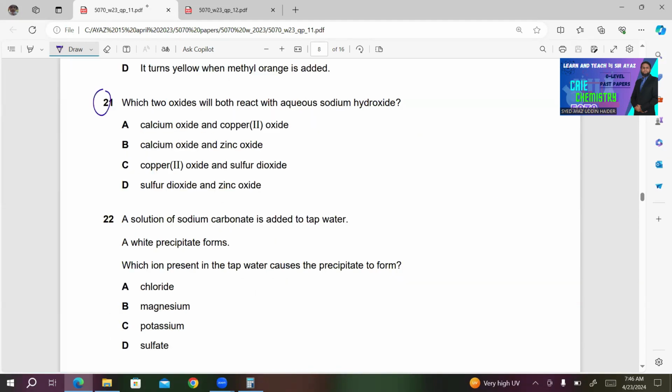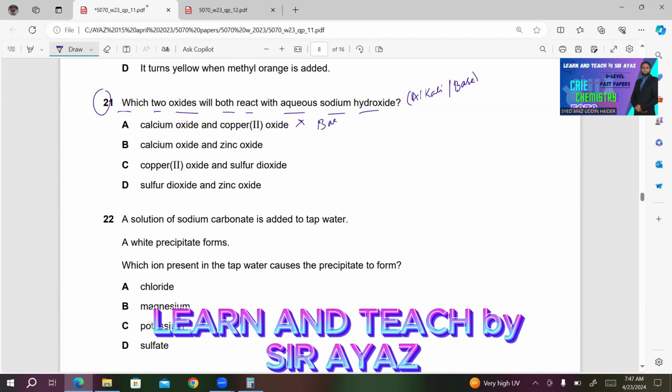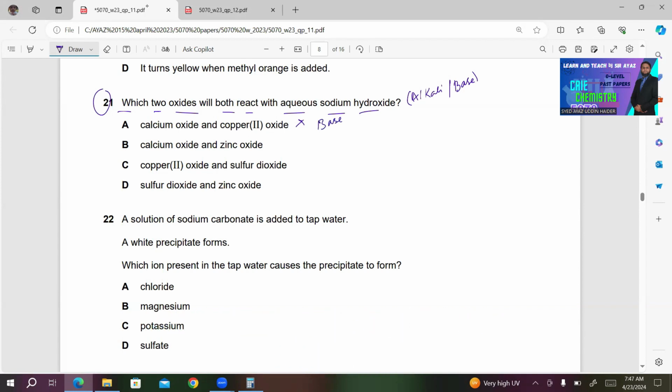Question number 21. Which two oxides will both react with aqueous sodium hydroxide? Sodium hydroxide is alkali, which means it's a base. A is calcium oxide and copper 2 oxide. This is incorrect. The reason is that both of these are alkali or base. They are base, so they will not react with sodium hydroxide.